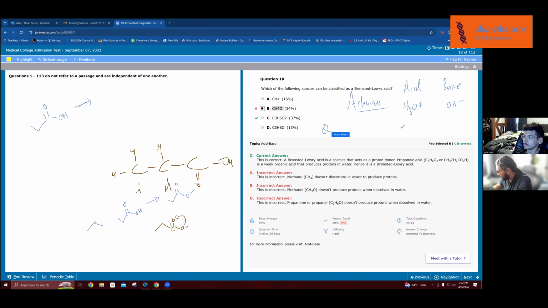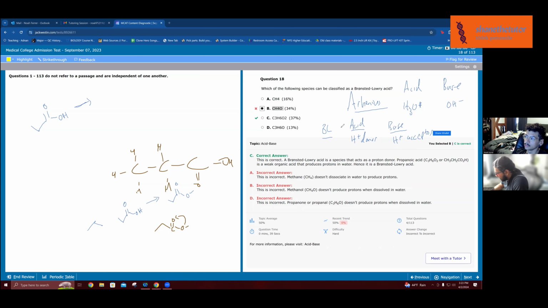The Bronsted-Lowry definition, which is the best definition, involves the acid being a proton donor and the base being a proton acceptor.